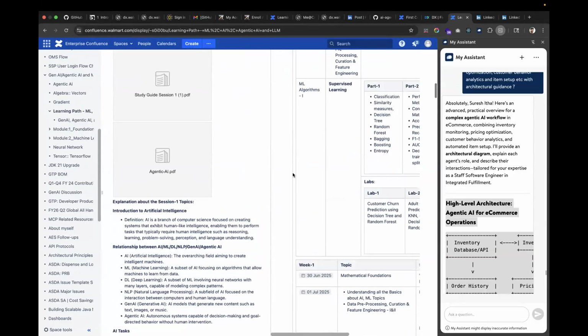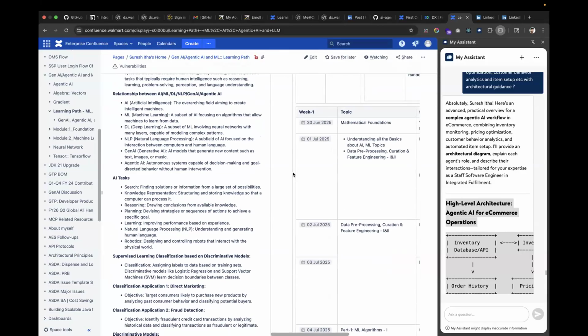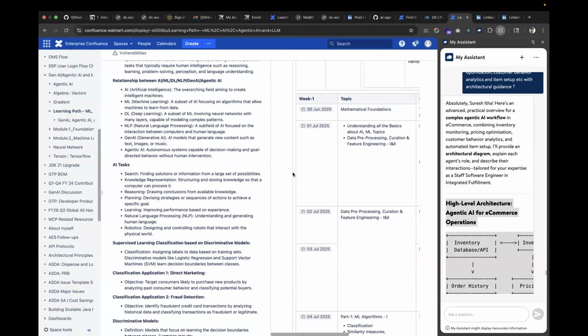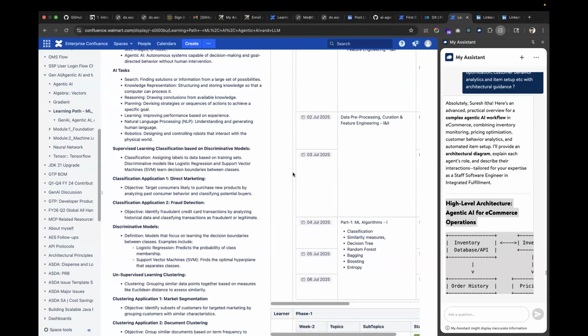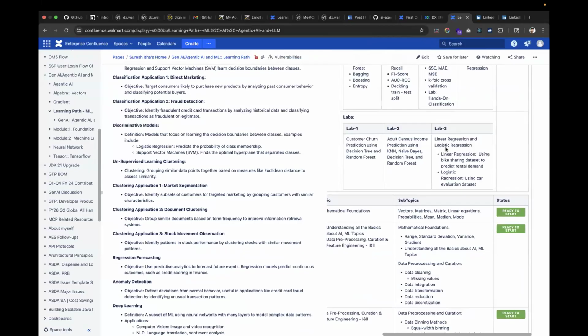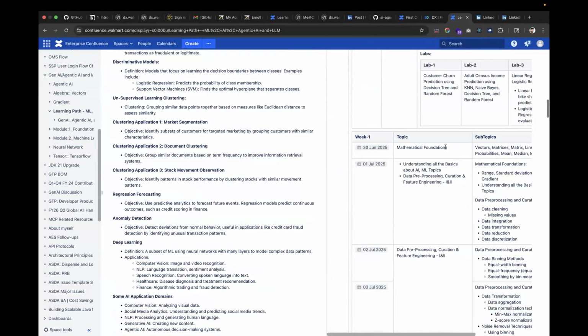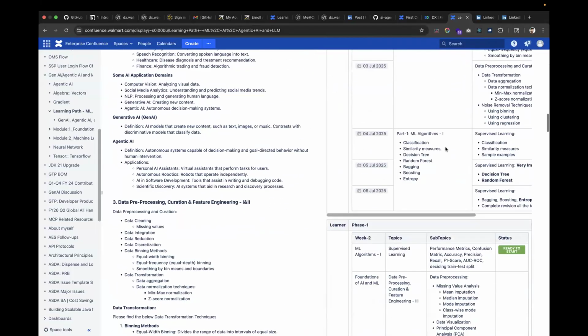I prepared the structure completely on a weekly basis: fundamentals of mathematics, deep learning, machine learning, the concepts, data preparation. I have written the notes clearly, and we are following the timetable, myself and my friend Srihari.